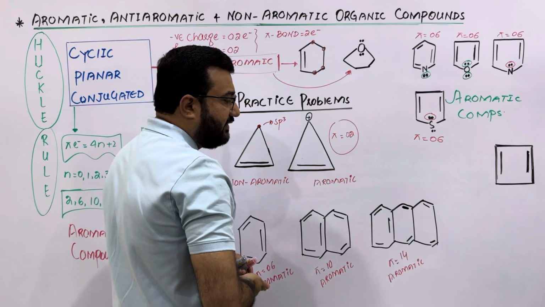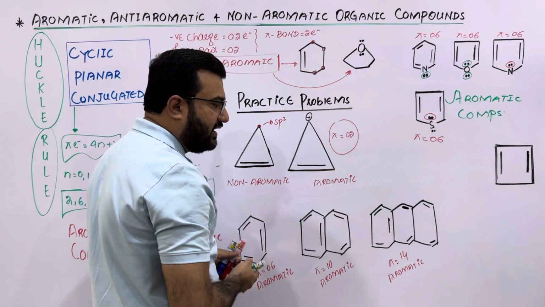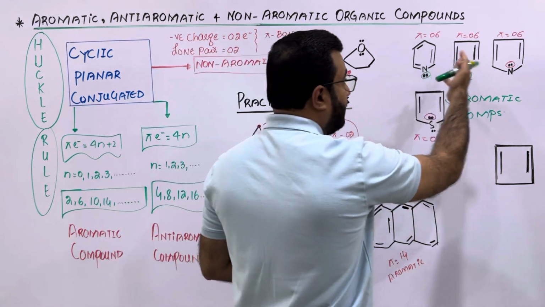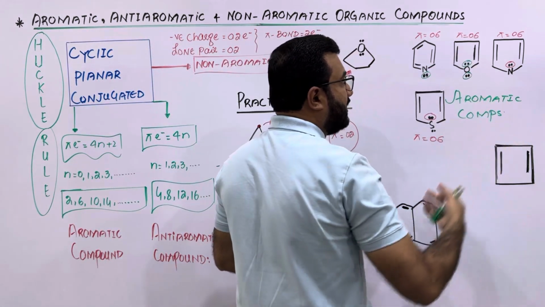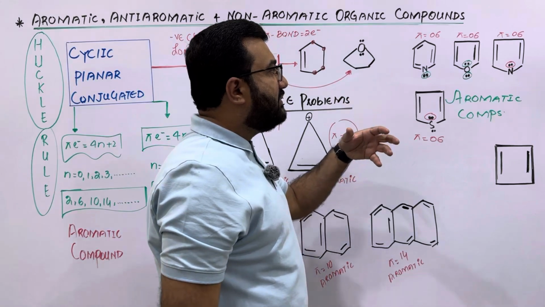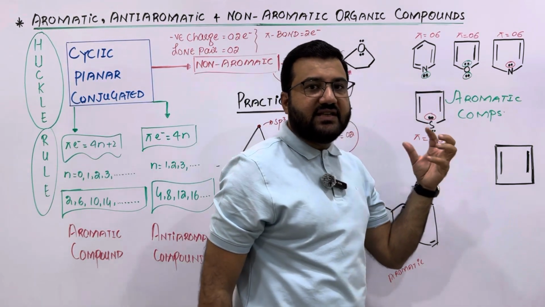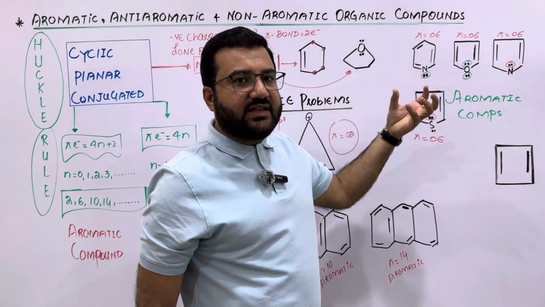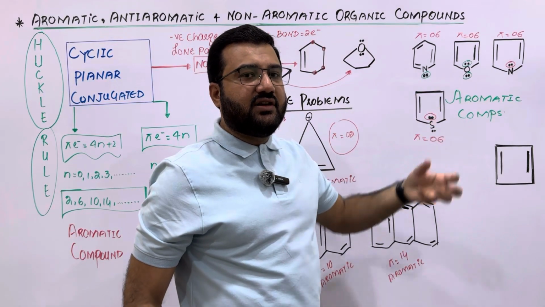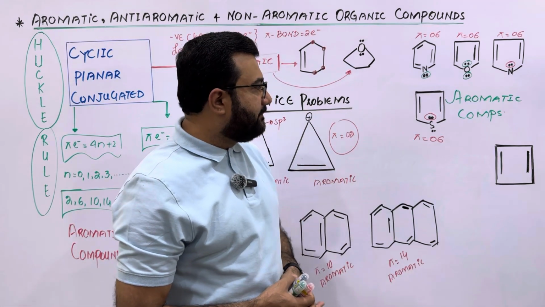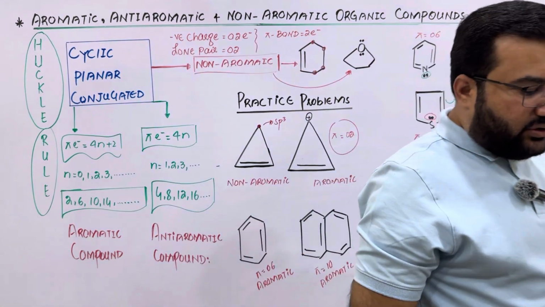These three have only carbon atoms in their ring, so they are called homocyclic aromatic compounds. But these four have some atom other than carbon in their ring, and that atom is called a heteroatom, just like nitrogen, oxygen, and sulfur. These are the heteroatoms. And because they have some heteroatom in their structure, they will be considered heterocyclic aromatic compounds.